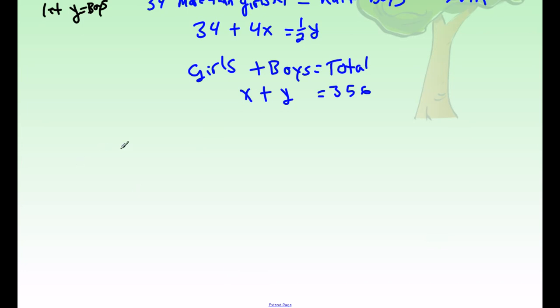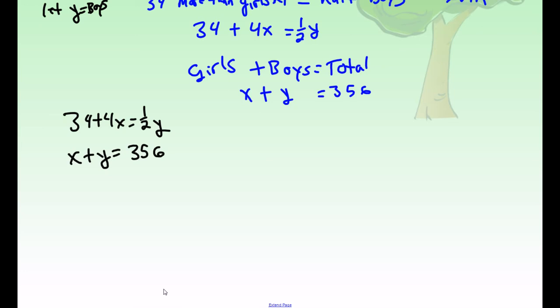I'm going to rewrite them down here. So it's 34 plus 4x equals 1/2 y, and x plus y equals 356. Now, you look at that and you think to yourself, well, we can solve this using graphing, using elimination, using substitution.